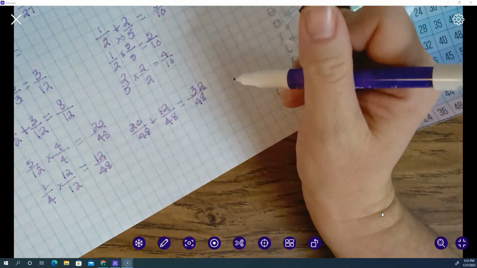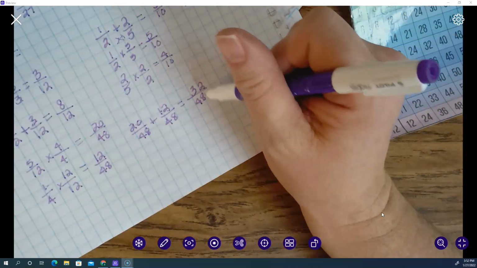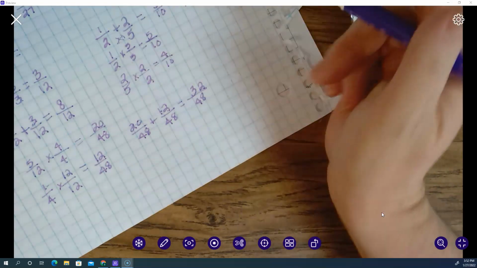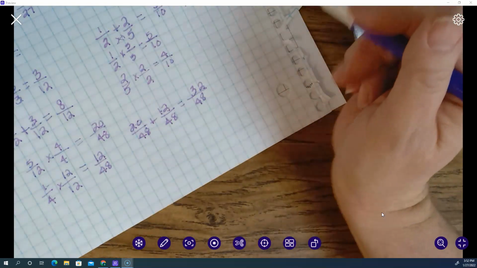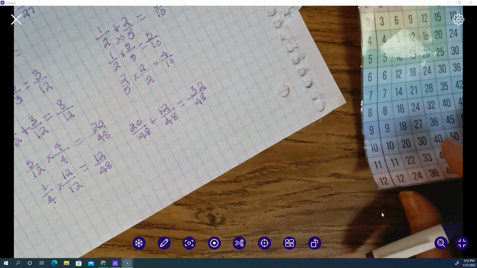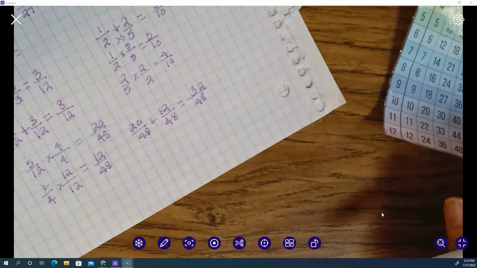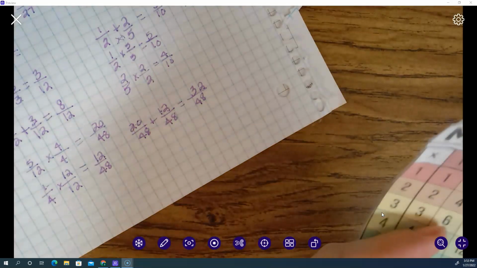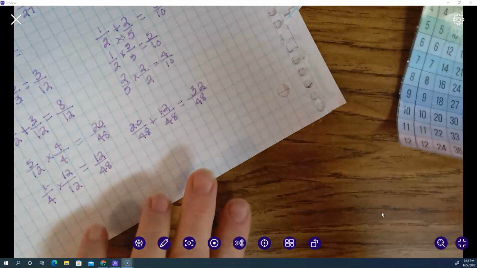Now, there is going to come a time, probably pretty soon, when you're going to have to learn to put this in what is called the smallest form. And that's when we go back in and we look at 48 and 32 and we see what number we can divide both of them by. And in this case, that number is 4.